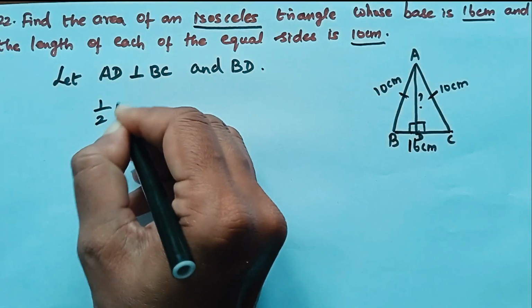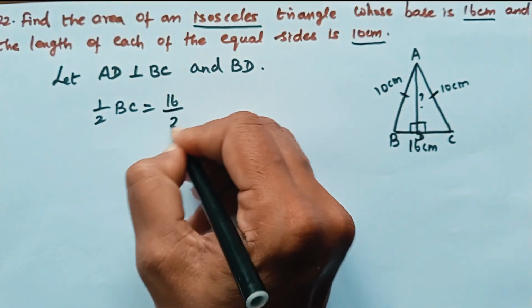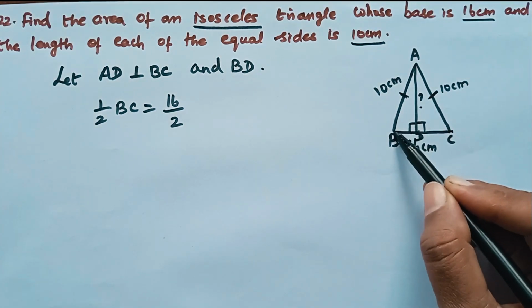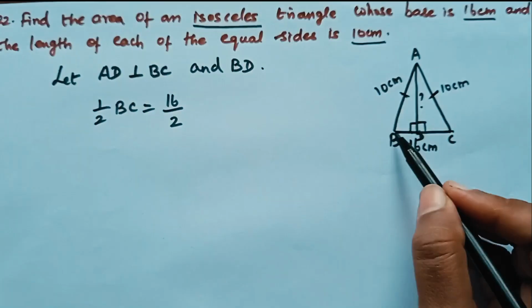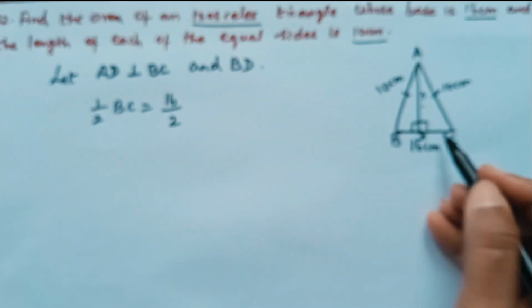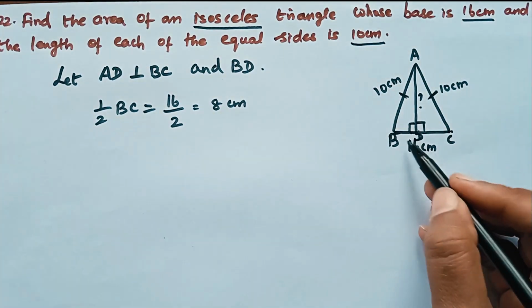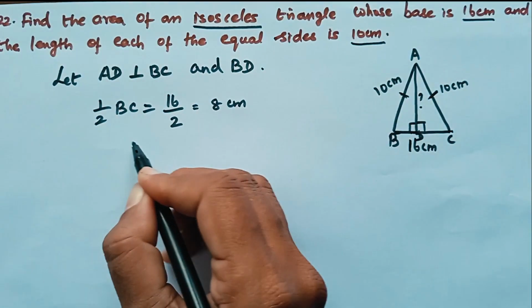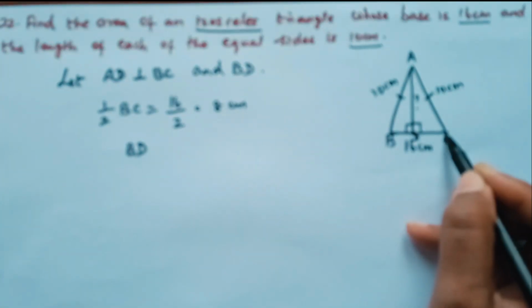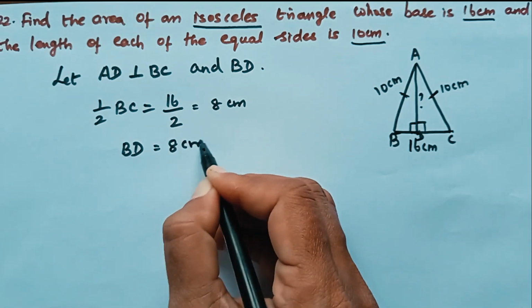Half of BC is 16 by 2, which is nothing but 8 centimeter. Half of BC is BD. So BD is equal to 8 centimeter.